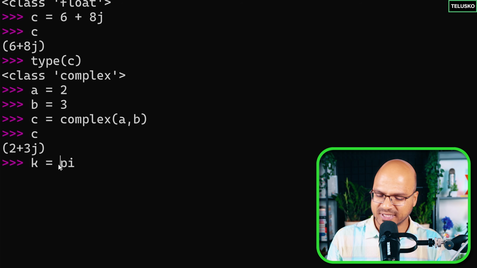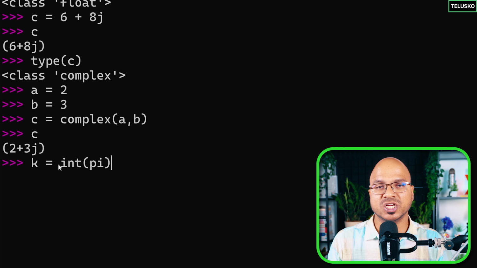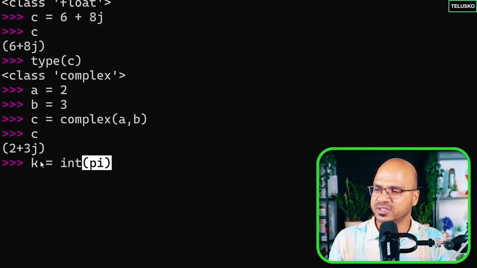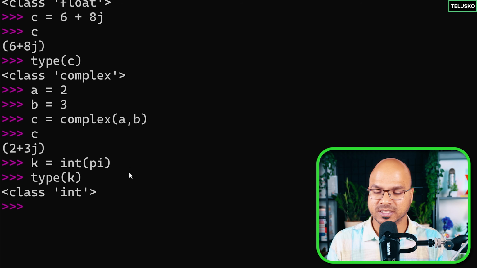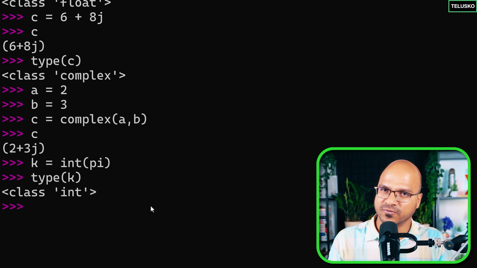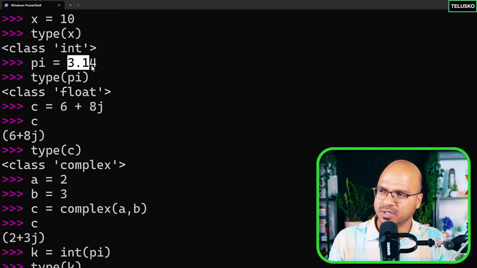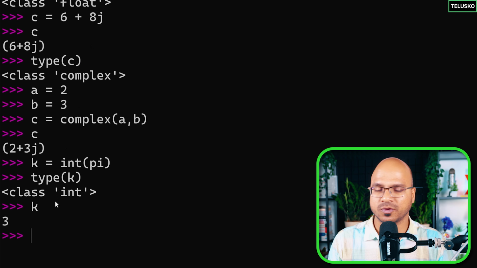Now, if you want to convert that into integer, you have to pass that pi value in the int function. This is again an inbuilt function which will take a value and convert that into an integer value. Enter, and if you check the type of k, it is int. But what will be the value of it? Since we are converting this number into integer, you are going to lose some data. And what data are you going to lose? The point value. So if you try to print k, it will be only 3.